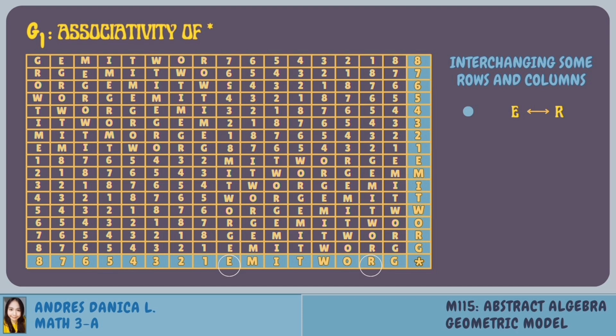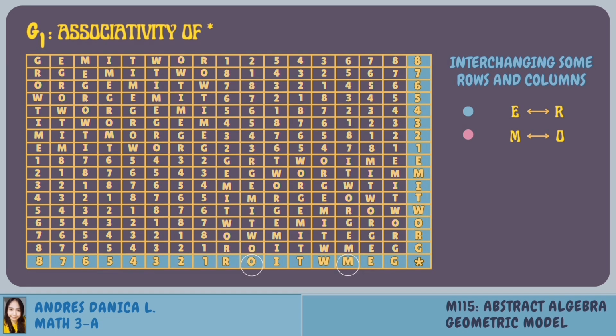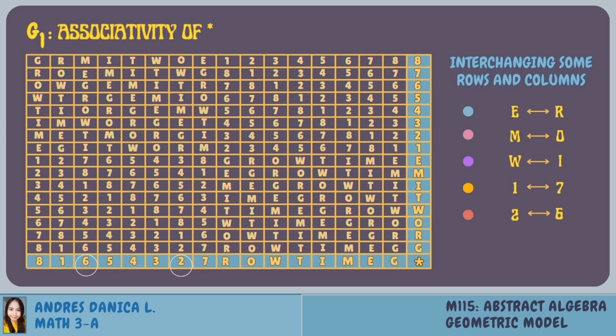First, let's interchange the column E and R. Next, let's interchange the column M and O. Next, let's interchange the column W and I. Next, let's interchange the column 1 and 7. Next, let's interchange column 6 and 2.